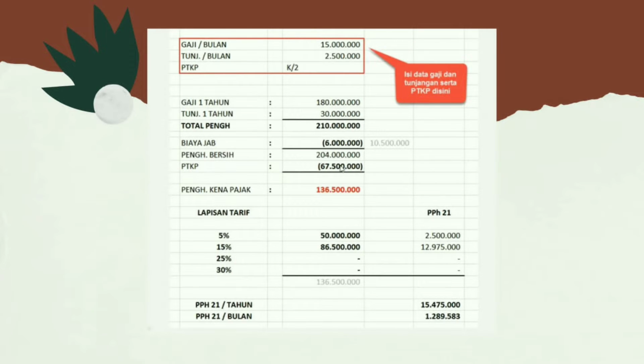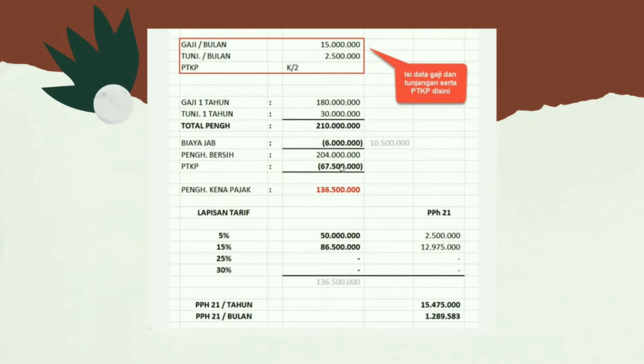Then we need to pay attention to the element of deduction in calculating Article 21 PPh. For office fees, it is 5% of gross income, but the 5% is given a limit: a maximum of 6 million per year or 500,000 per month.